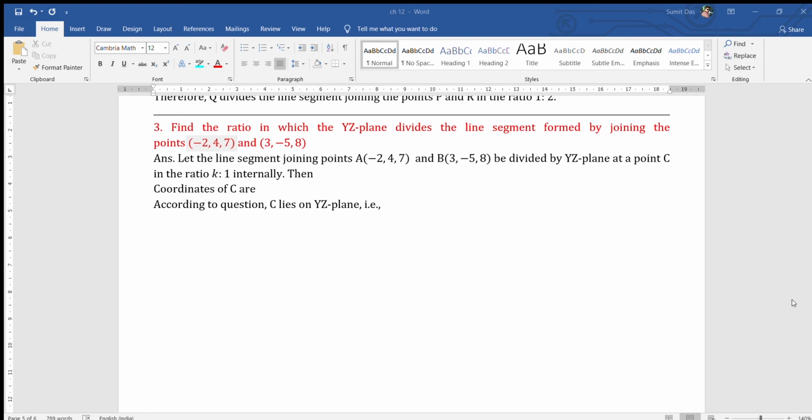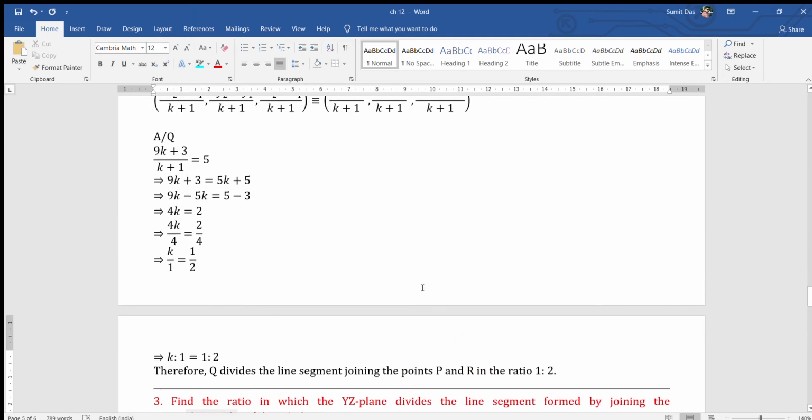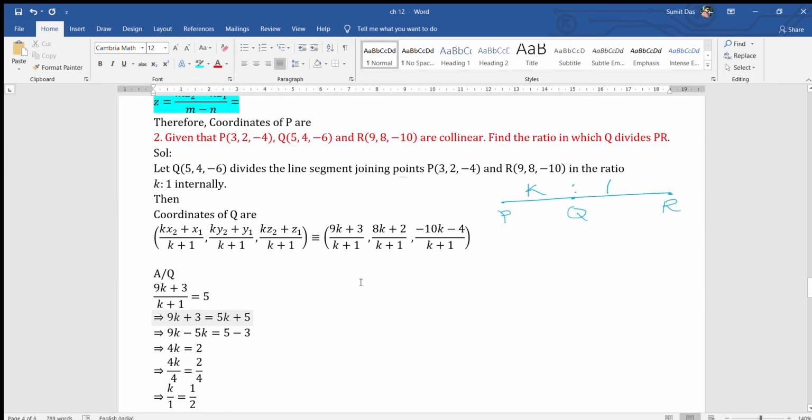Because we have to find here the ratio k is to 1. It does not matter, you can take the y part also and z part also, the answer will be the same. Because the ratio is k is to 1, whatever the k value, all three coordinates will have the same k.